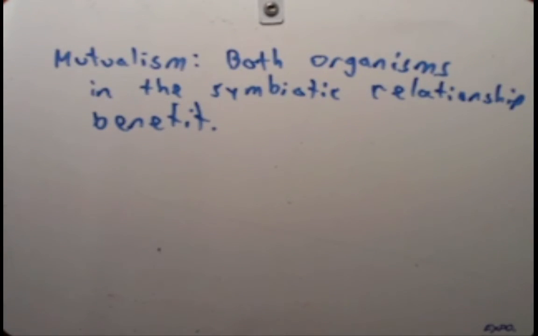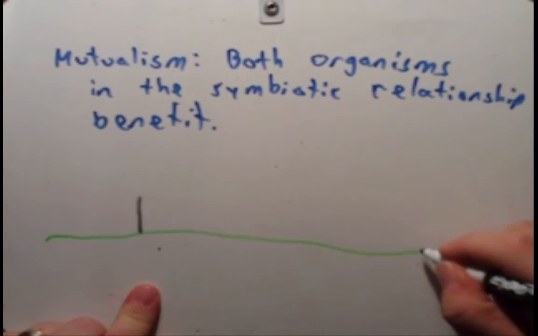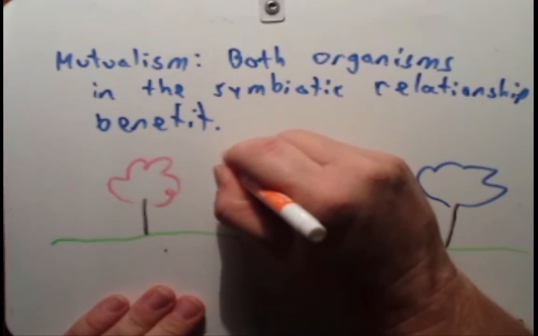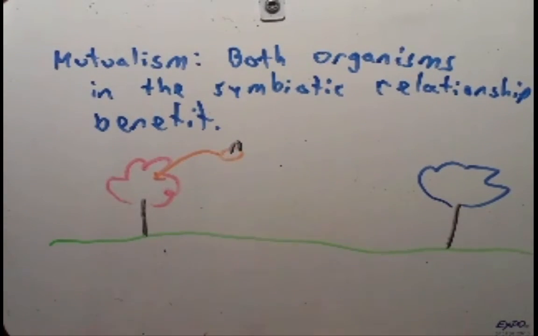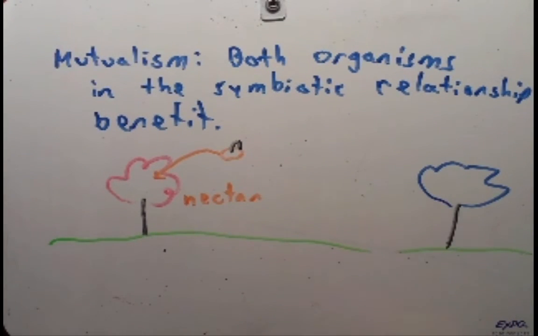And I think a good example of this is thinking about bees and pollination. So you may have flowers here, and you may have flowers here. So these are my flowers. And then we have our bees. And our bees are going to pollinate this flower. And they're attracted to the flower because of the nectar that's in the flower. Rich source of nutrients for the bee.